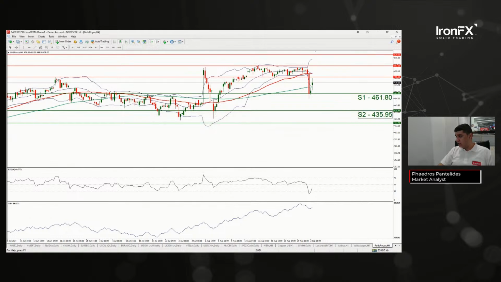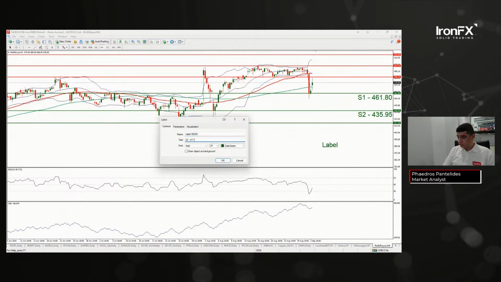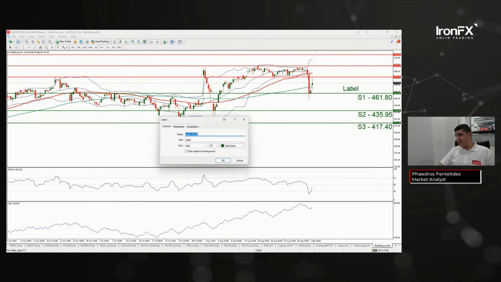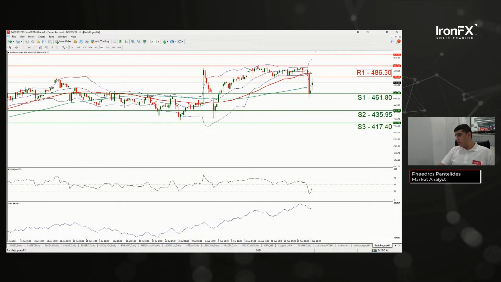And then for S3, 417.40. Then for R1, 486.30. Then for R2, 503.20.